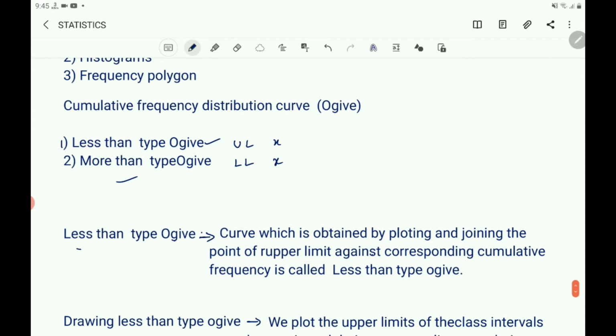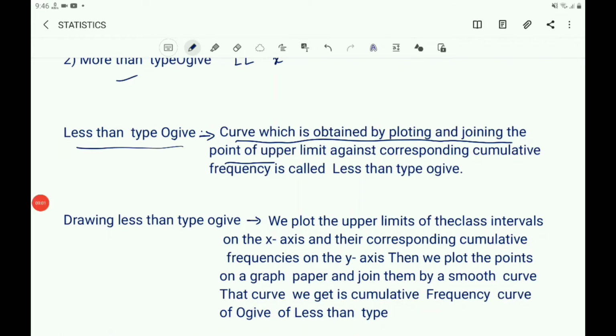So, what is less than type Ogive? The curve obtained by plotting and joining the points of upper limit against the corresponding cumulative frequency is called less than type Ogive.